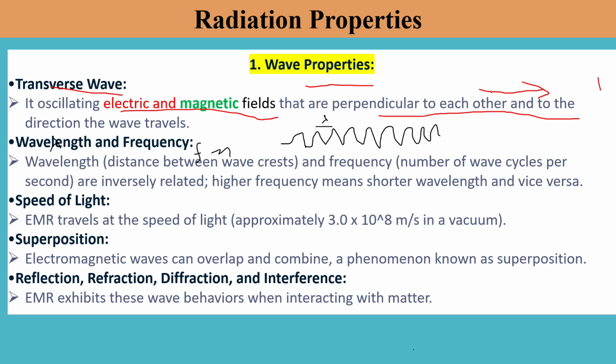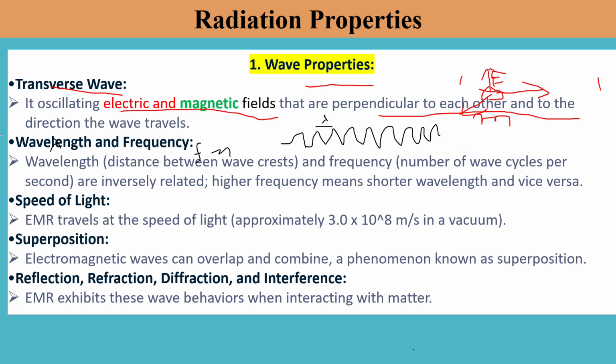These two vectors, electric and magnetic, are perpendicular to the direction of propagation of the wave, and also perpendicular to each other.